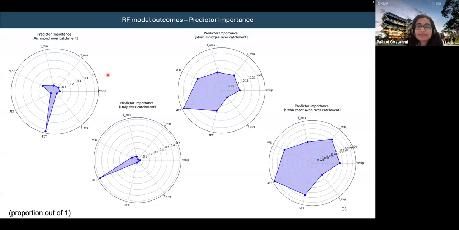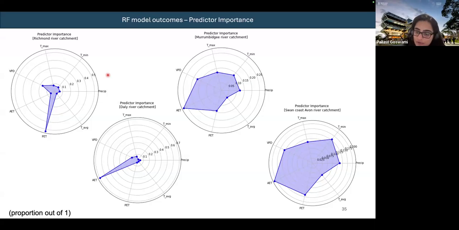So the results were pretty mixed, as you would expect, because the 4 catchments are coming from different hydroclimatic regions. What explains the driver at one particular catchment might not explain what's happening at the other catchment.